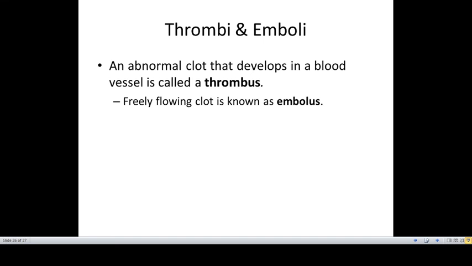Now, an abnormal clot that develops in a blood vessel is called a thrombus. And if it breaks away from its site of attachment and starts freely flowing, then this freely flowing clot is known as an embolus.